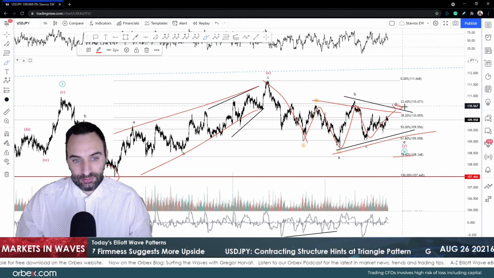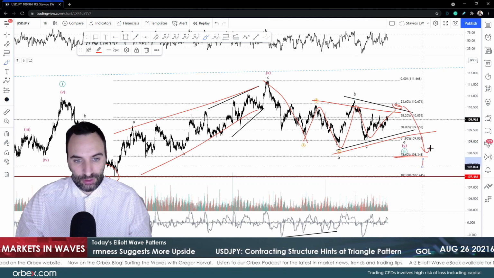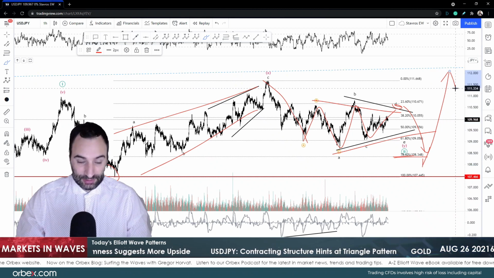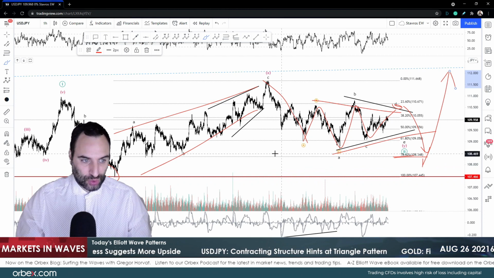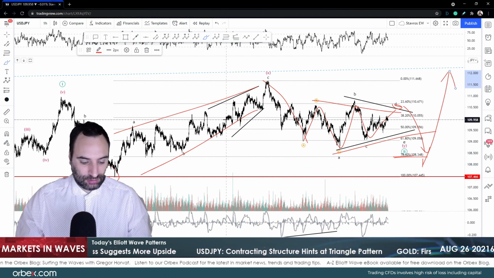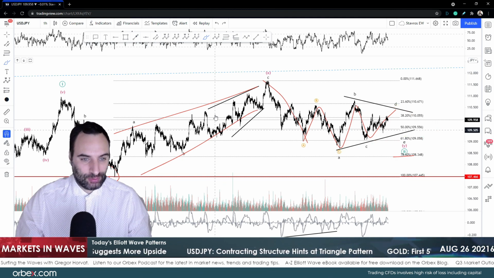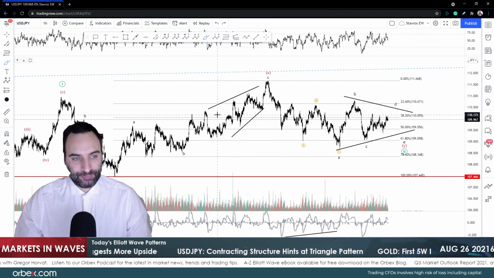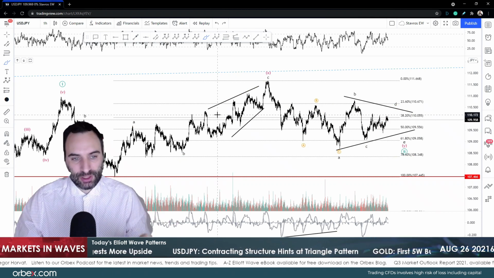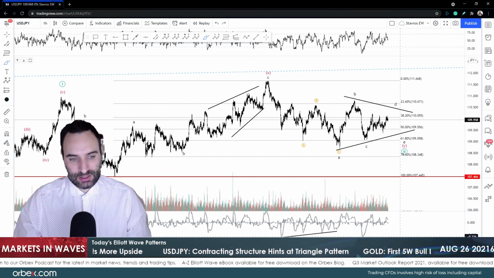From there, we continue lower down to the 78.6 or lower, and then continue higher up. But I'm not sure; this is less likely to be the case than the previous scenario. That's why the previous is the main, and this diagonal is the alternative.